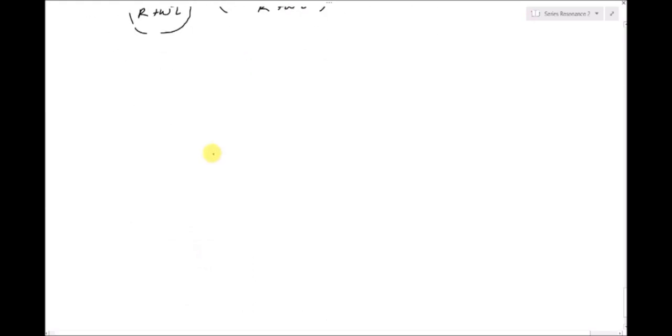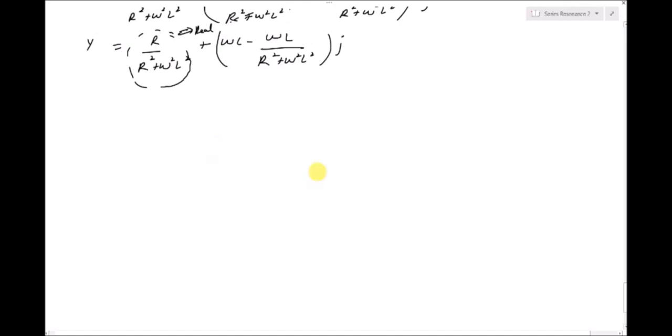Now we know that at resonance, the imaginary part of the admittance is actually equal to 0. So after making the imaginary part equal to 0, what is the imaginary part? This one. So at resonance, the imaginary part of admittance is 0.